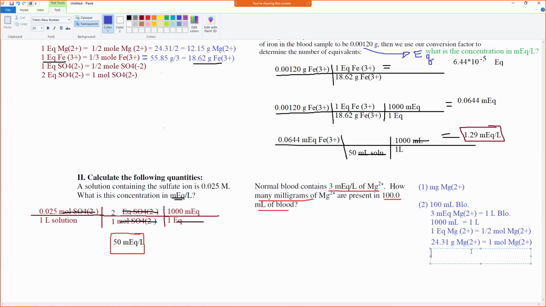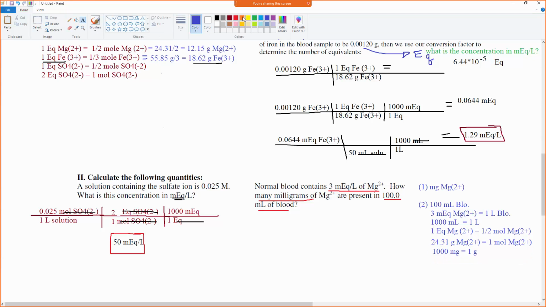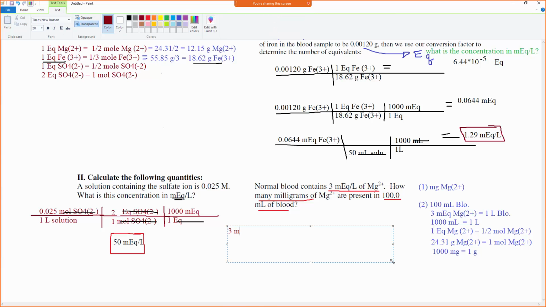You're right. Sarah also mentioned I'm going to need that there's 1,000 milligrams in 1 gram. Worse than I thought. Okay. Sarah wants to start with 3 milliequivalents per liter. She always likes to start from the beginning.